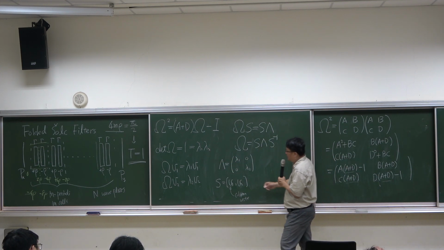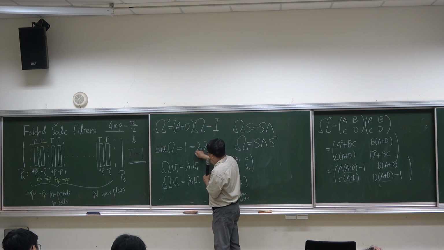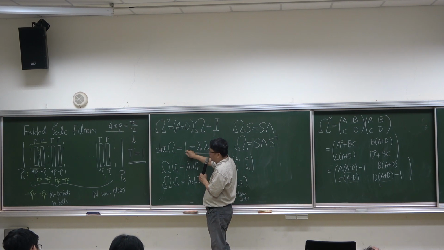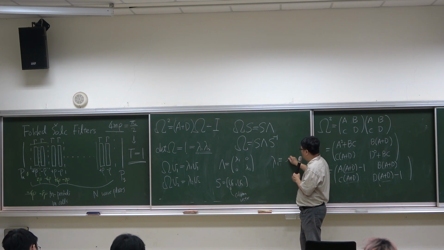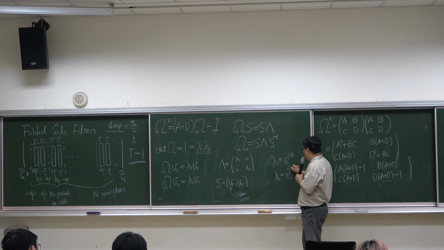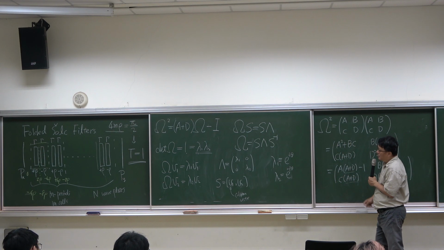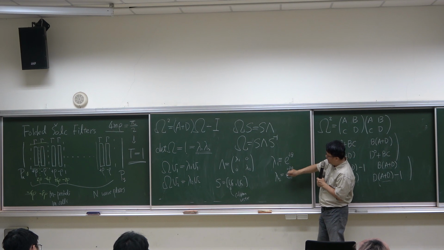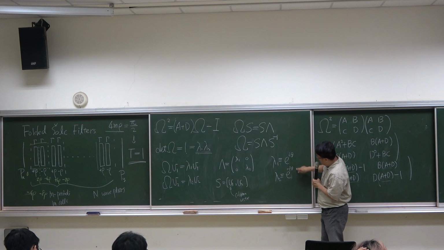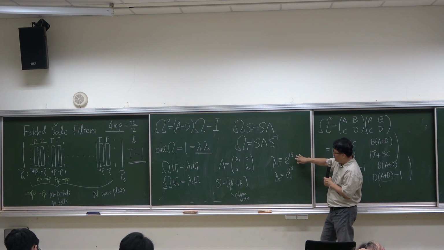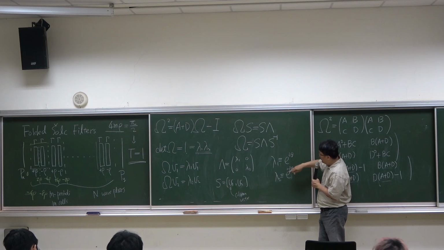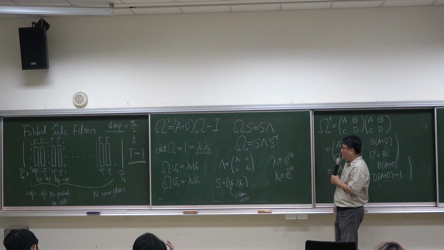Since these two eigenvalues multiply to equal 1, we can denote lambda 1 as exponential I theta and lambda 2 as exponential minus I theta. Both of them have the exponential form, so the multiplication of this gives us 1.